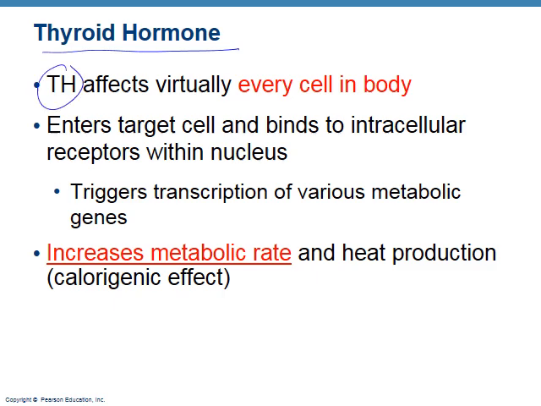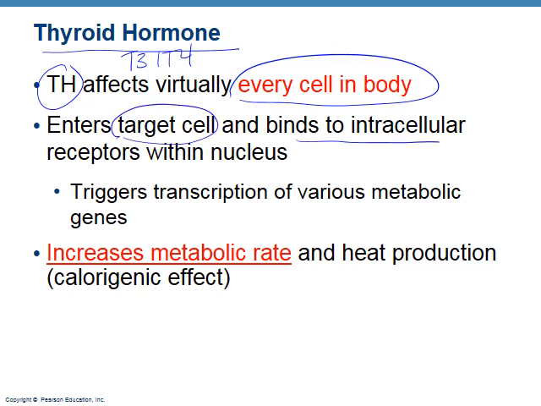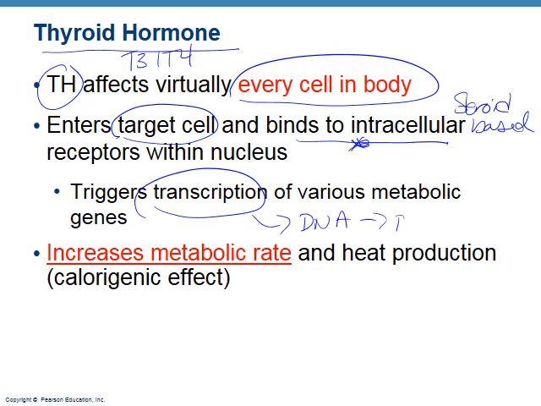Thyroid hormones, T3 and T4, will affect almost every cell in the body. They're going to enter the target cell and bind intracellularly. So right away you should be thinking of steroid-based, not water-based. They trigger transcription. That should ring a bell: DNA to RNA, and then RNA is translated into a protein. So various metabolic genes get turned on, and this increases your metabolic rate.